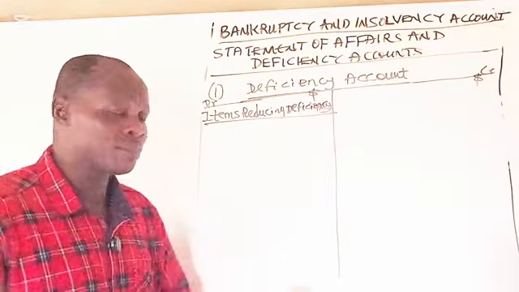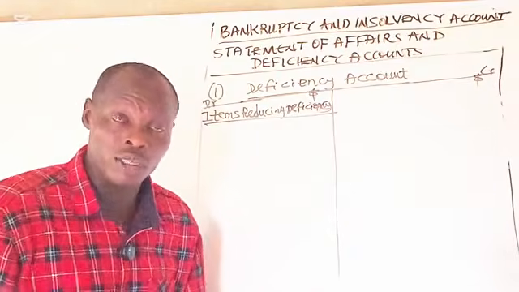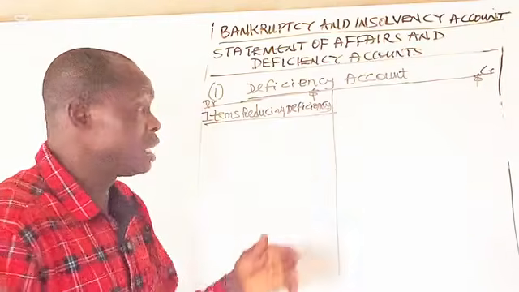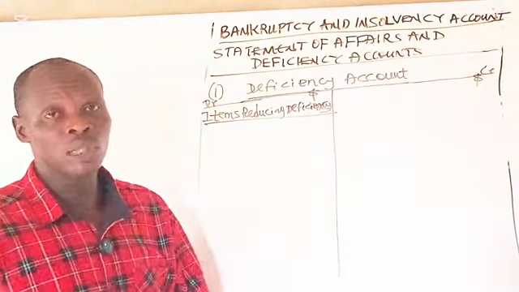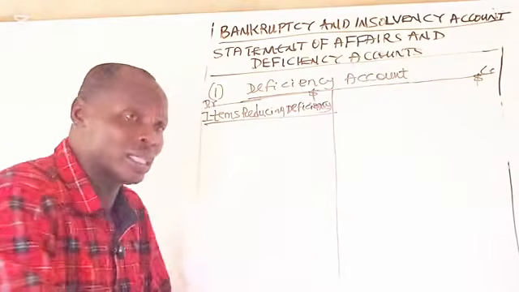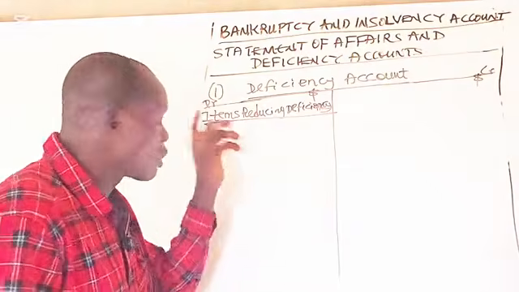What do we mean by that? The bankrupt, maybe because of the accumulation of losses, was unable to settle his or her debt. So what are those items that will lead to the reduction of the debt of that bankrupt?